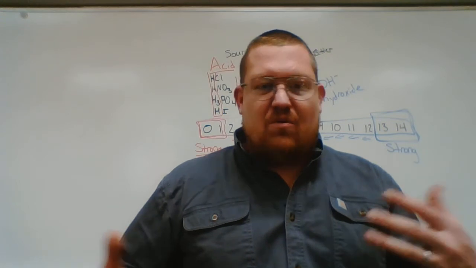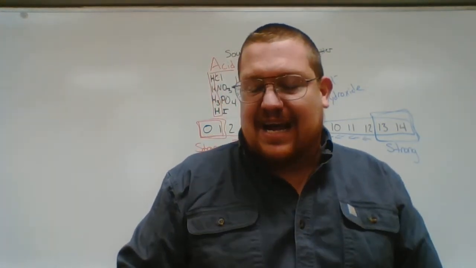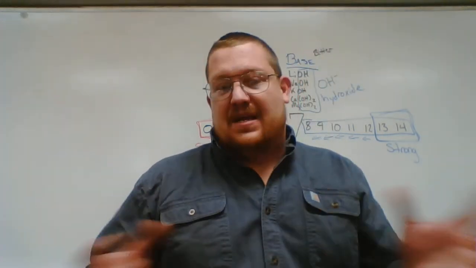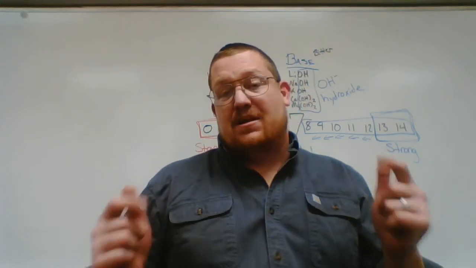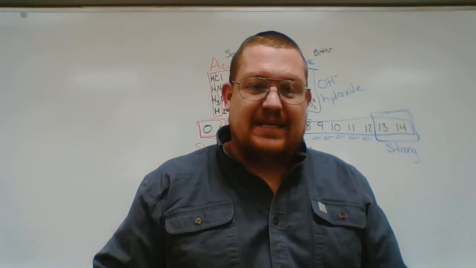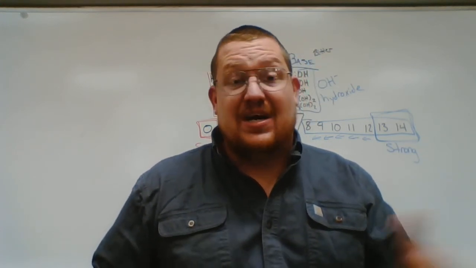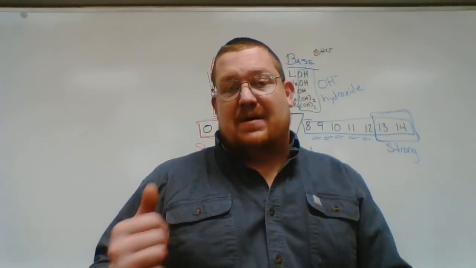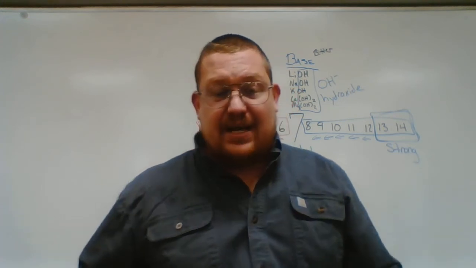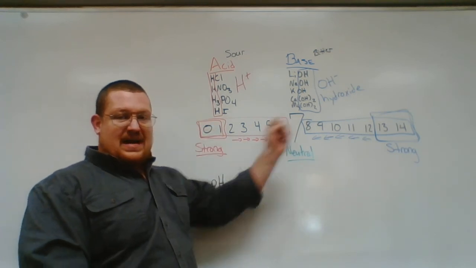Acids tend to be corrosive to metals and release hydrogen gas, and bases tend to be more corrosive towards organic material. And they're both electrolytes, so a solution of an acid or a base can conduct electricity. Then we talked about our indicators, red litmus paper, blue litmus paper, pH paper, and our pH ranges, with weak acids and bases, strong acids, strong bases.